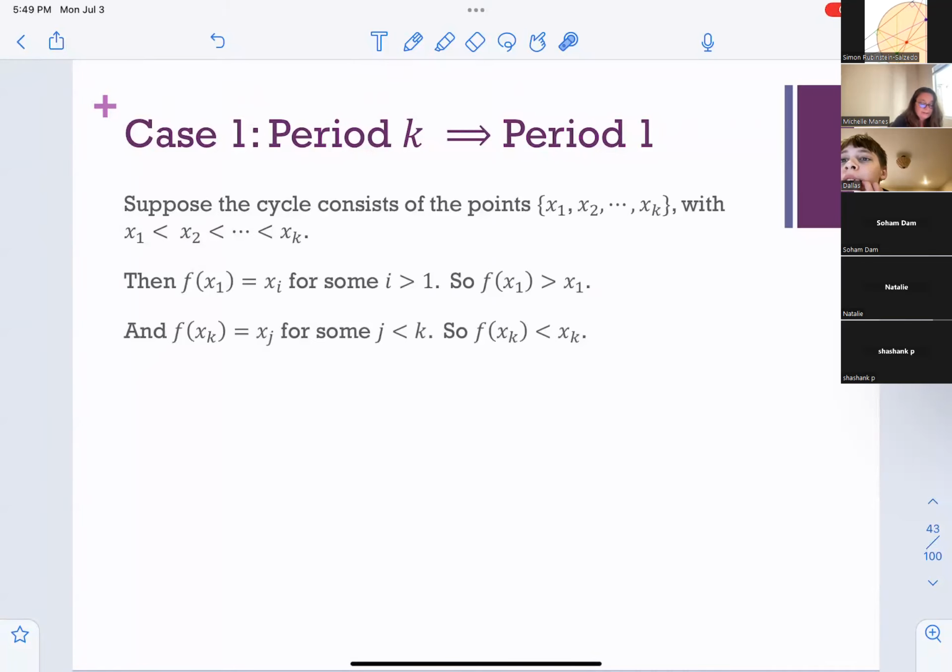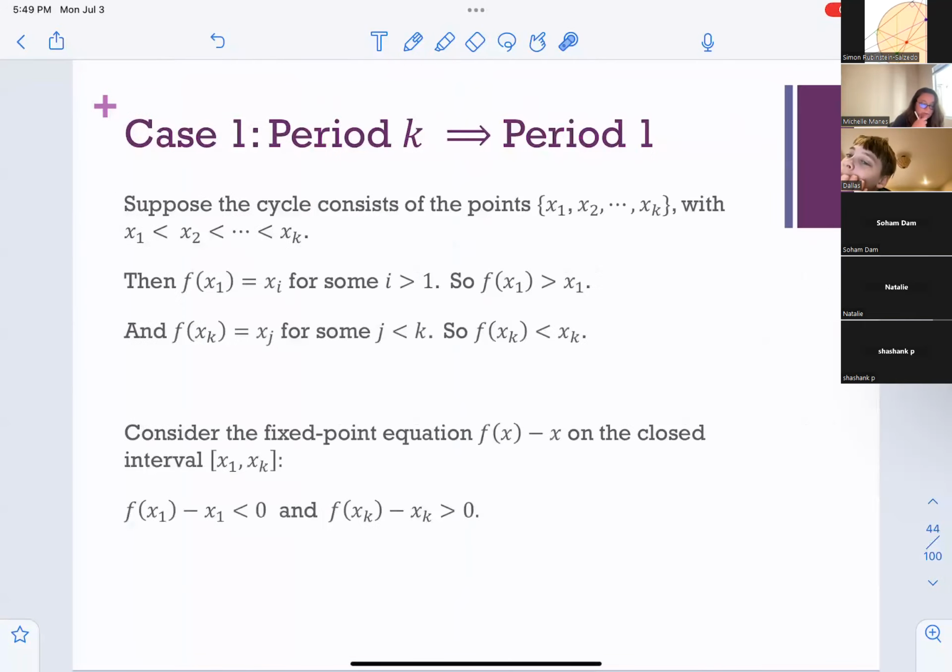But the point is, whatever x1 is, it's the smallest. It maps to one of the other ones. So f of x1 is bigger than x1. Whatever xk is, it's the biggest. It has to map to one of the other ones because it's a cycle. So f of xk is less than xk.